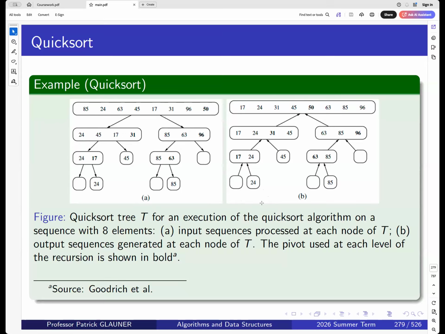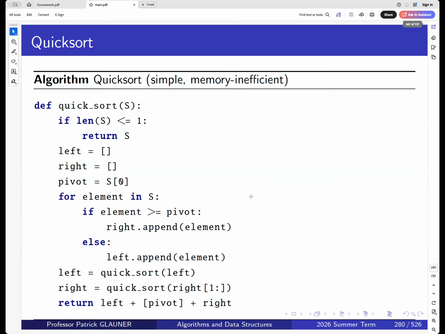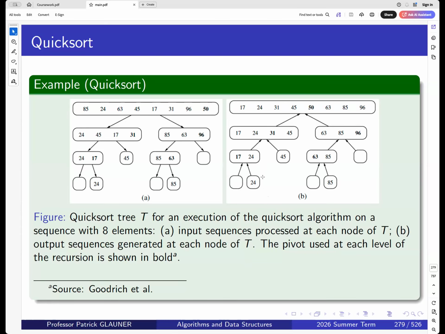Now we can try to not merge, but a consequence of the pivot would be the following. So we can say we now plug all of this together. And for this sublist here, once we are done, once we just have, for example, single elements left, we take the left element, so what is smaller than 17, which was empty, there was nothing. Then we take the pivot, and then we take the 24.